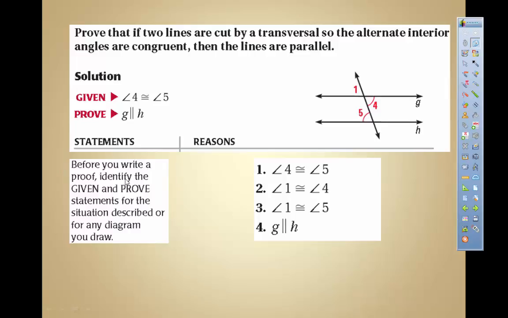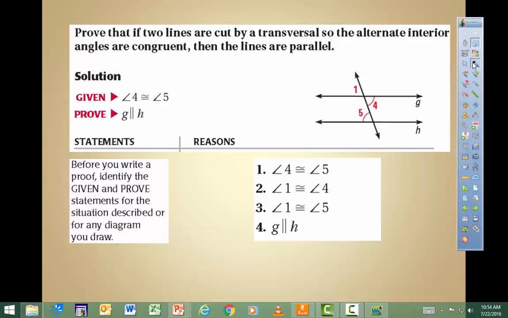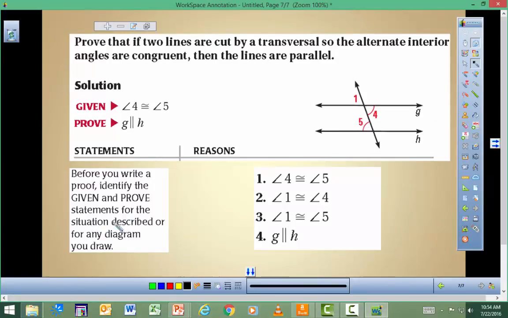Before you write a proof, identify the given and the proved statements for any diagram you draw. Okay, so there's the proved line, there's the given line.